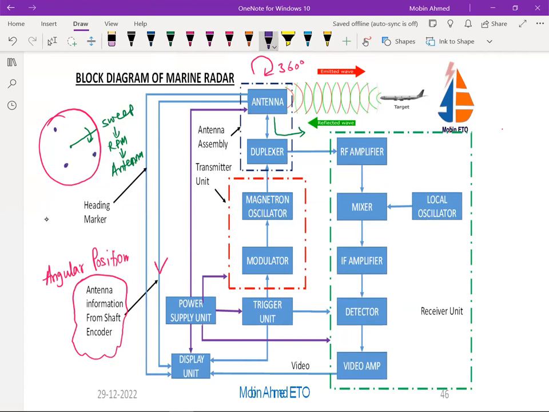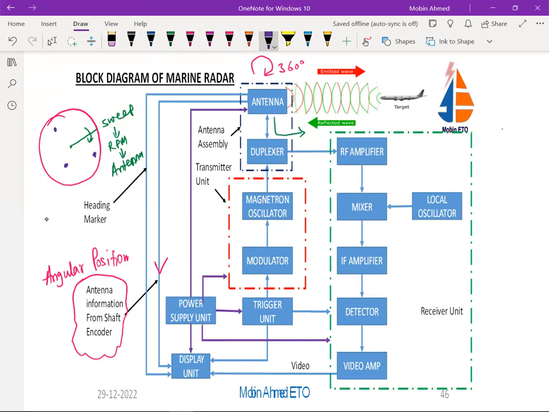So like this the target will be appearing. Now we know when the antenna comes to this position, this target will appear. If the antenna comes here, this target is going to appear. If the antenna is facing this side, this target will appear. Where the antenna is going to face, if a target is there, the target will appear in the display.